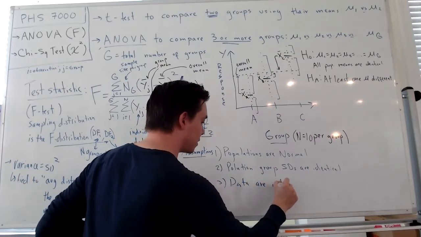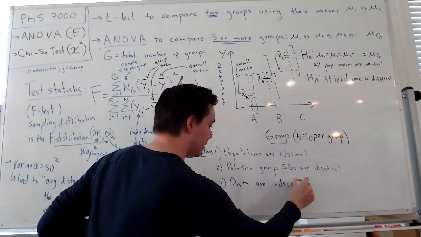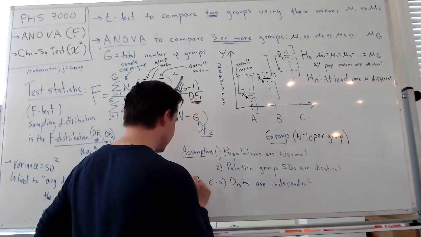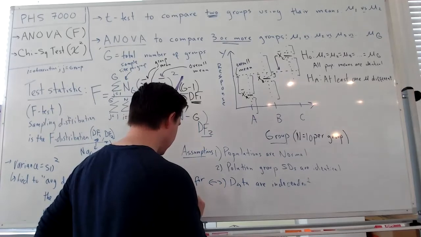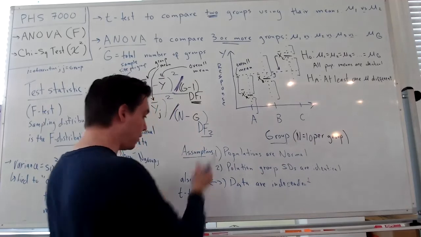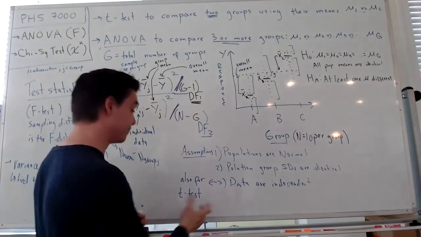So this third assumption of independence, the data are independent, we also make this for the t-test. And well, it can be hard to test. You know what? All 3 of these can be kind of hard to test.